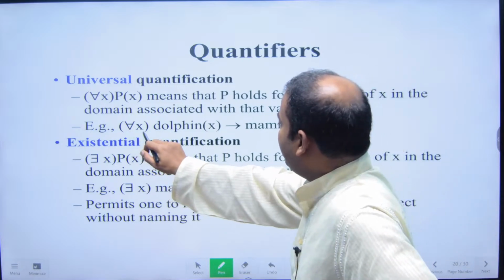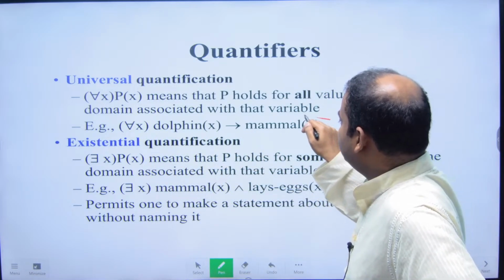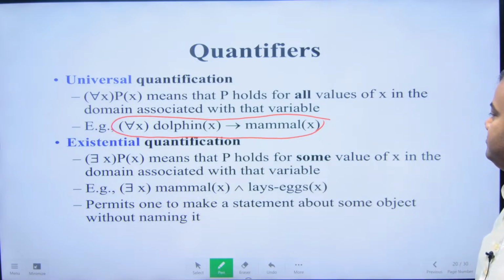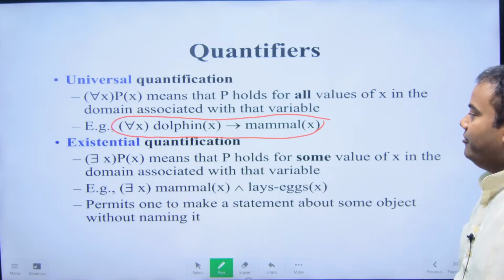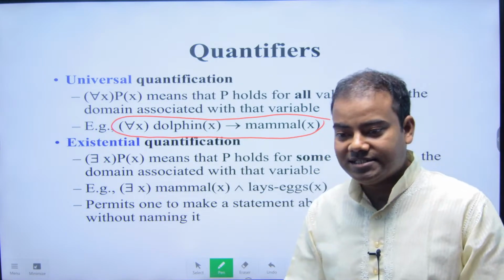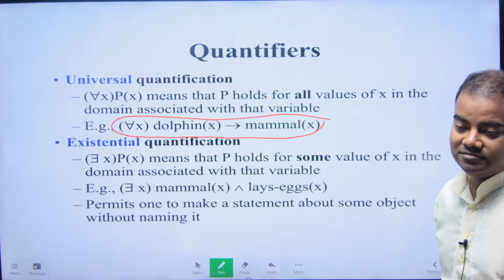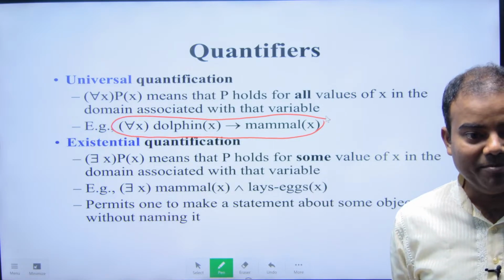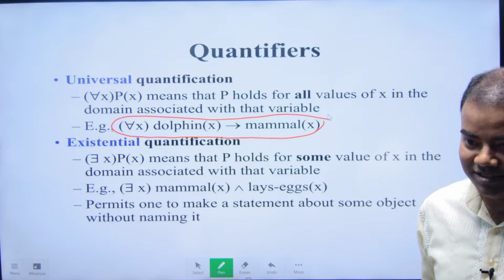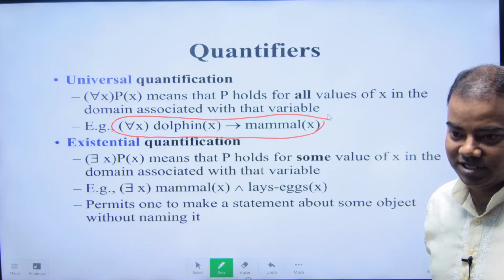So for example, for all x dolphin x implies mammal x, what is the meaning of this? If I say that dolphin x means x is a dolphin and mammal x means x is a mammal, what is the meaning of this? All dolphins are mammals. Is it clear? All mammals are dolphins? That is not, that is the converse of this statement.